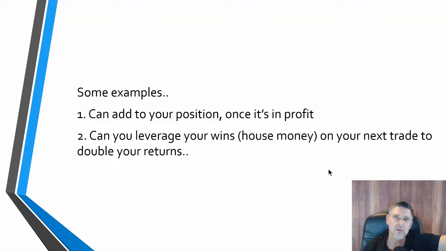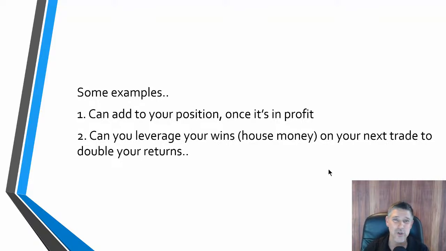If I'm up $1,000 and the trade is still working and it's still in my criteria, then I can use that $1,000 or even $500 of that house money on my next trade. So again, I have a small account. So maybe I risk 1%, or let's say 5%, $250, but let's say I win $250. Then what I can do is take that $250 house money and I can now risk $500 on the next trade.